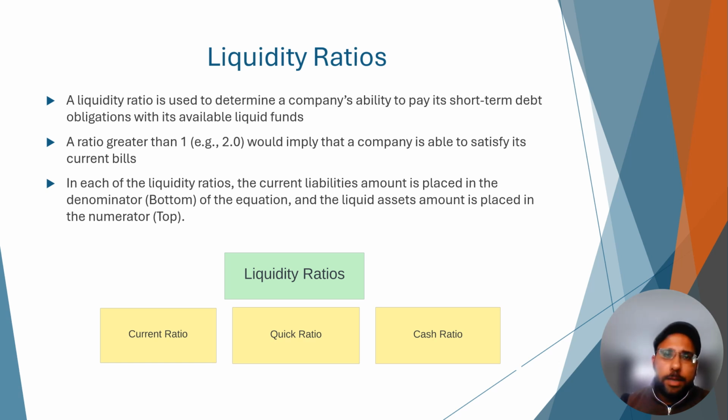A low liquidity ratio, as mentioned earlier, will indicate that the company could face a lot of difficulties in meeting its short-term obligations, which could lead to a liquidity crisis and or financial instability. So that's one of the key reasons why we look at it.